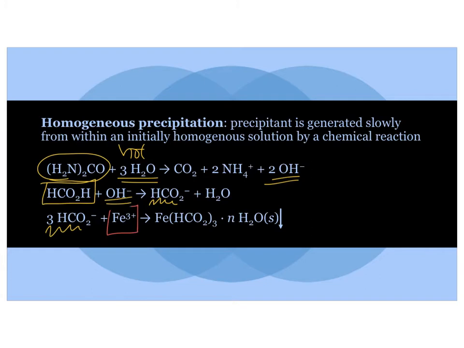So this is what we're trying to precipitate out. And we see that we make this iron 3 formate complex with several waters of hydration associated with it. We see this downward arrow too, which is emphasizing the fact that this is precipitating out as a solid.